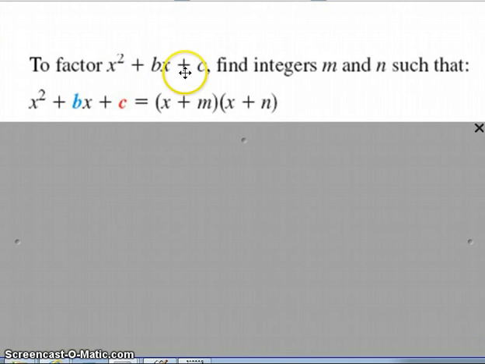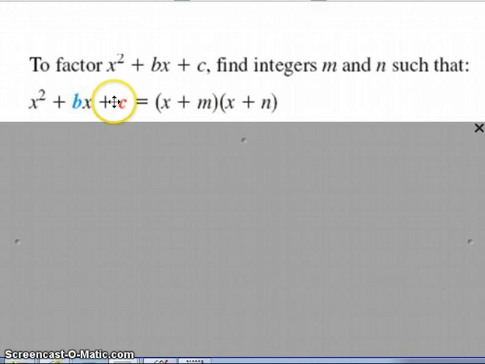To factor x squared plus bx plus c, kind of a generic or parent formula here, and end up with two binomials, they picked m and n as the numbers that are going to fill in for the constants that you would have if you had a real example.